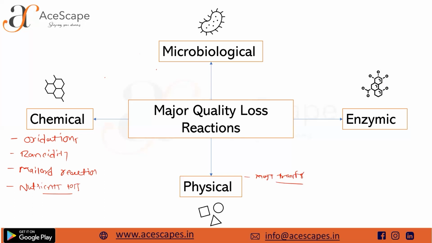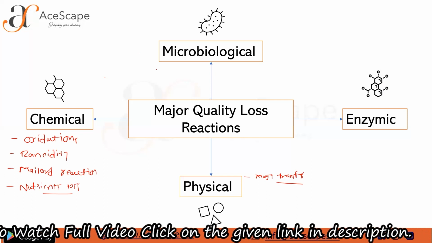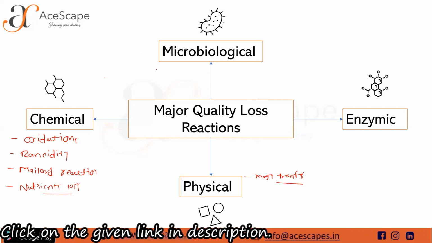Now if we talk about physical, then some mass transfer, right? For example, if you place a biscuit in an open environment, you feel that the biscuit gets soggy or chewy after some time. Why? Because we like biscuits to be crispy. But if we put a biscuit in an open environment for some time, it may absorb some moisture from the atmosphere.